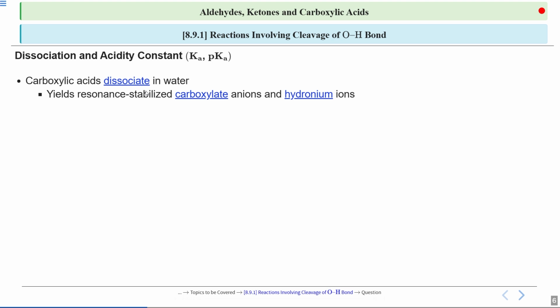As carboxylic acids dissociate, they form resonance stabilized carboxylate anions and hydronium ions. This resonance stabilization helps to spread out the charge, which makes the anion more stable.